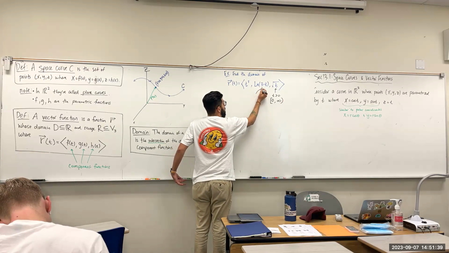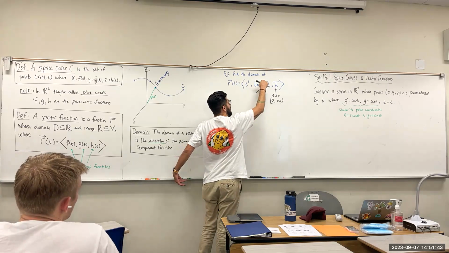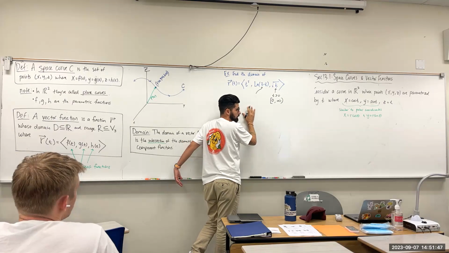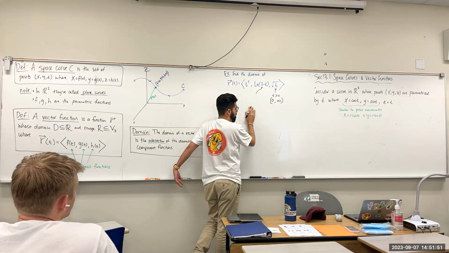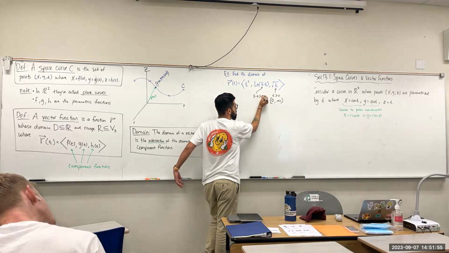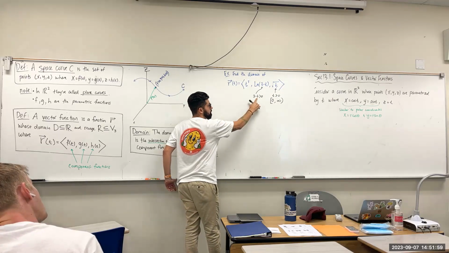This one you probably don't remember, but what kind of values can you not have inside a log? Zeros or negatives. So what must the inside be? It has to be positive. So I'm going to let the inside be positive and solve for t. Move the t to this side.